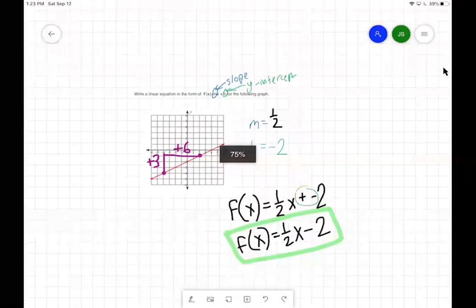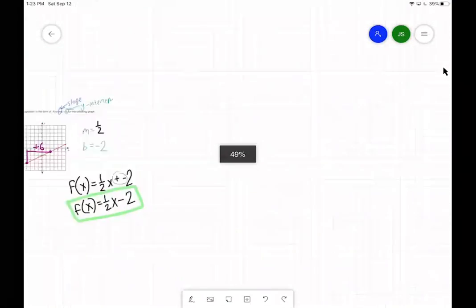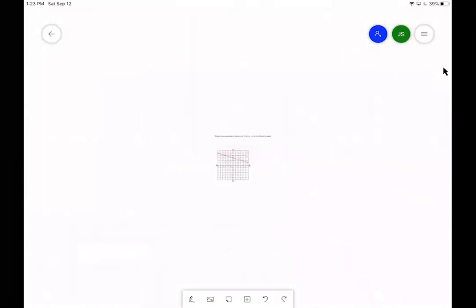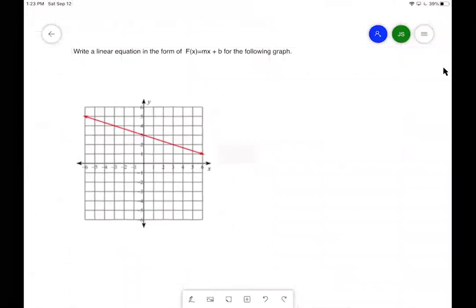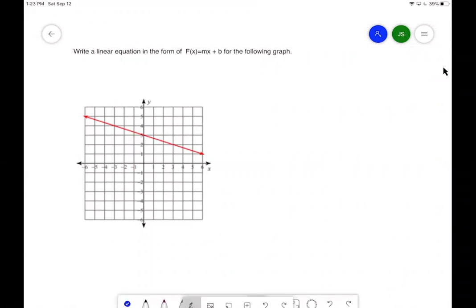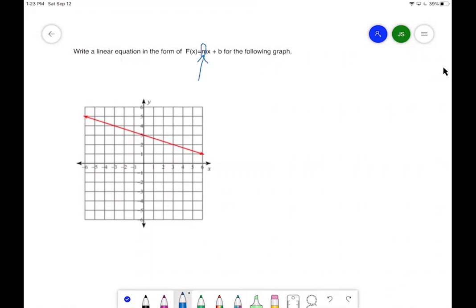All right, so now I'm going to show you another example. If you need to, at this point, you can pause the video and see if you can try it on your own. But I'm going to continue right now. So again, we're just finding our m, which is our slope, and our b, which is our y-intercept. So m and b.